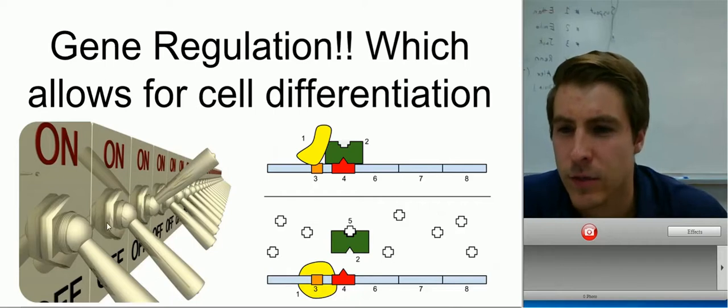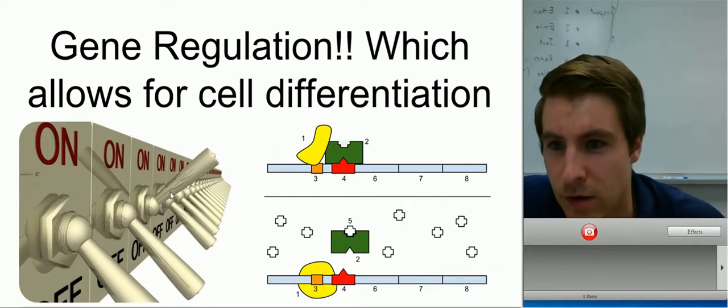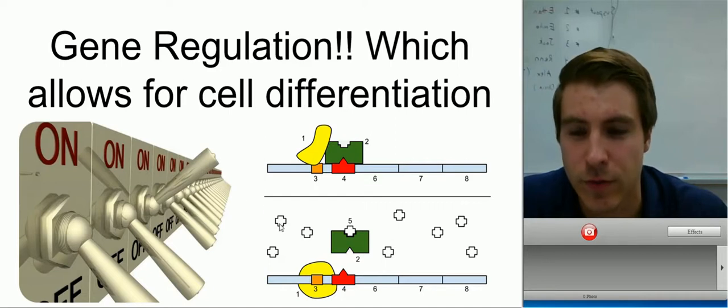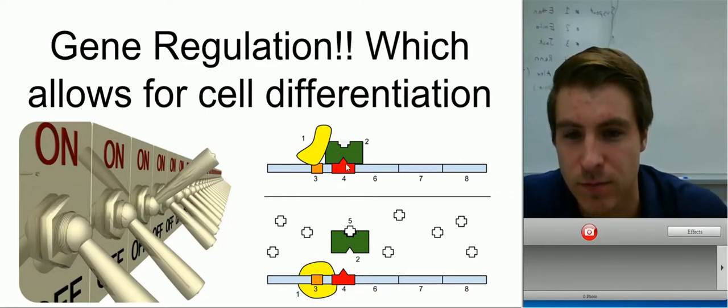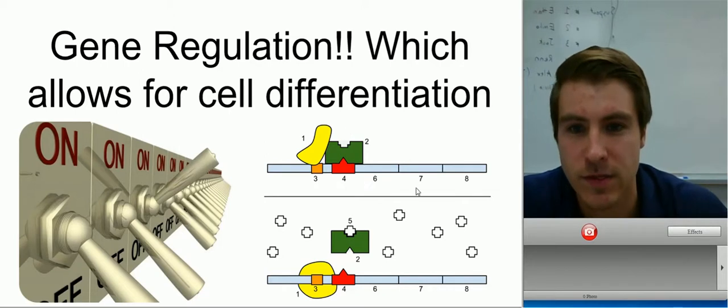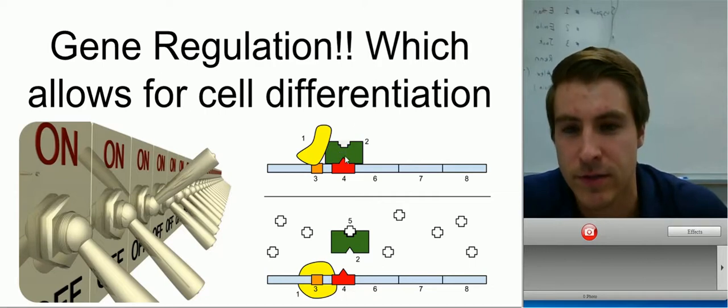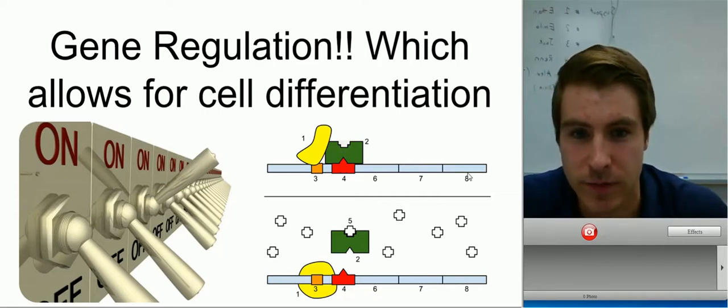So how do these switches actually get turned on or off? Well, there are certain things in the environment that can trigger a switch to change, and thus a gene to be expressed. For example, the presence of this white molecule here seems to have an effect on releasing this repressor that's blocking the gene. So if we look at this cell right here, since there are no white molecules floating around, the repressor is happy to stay on and block the gene.